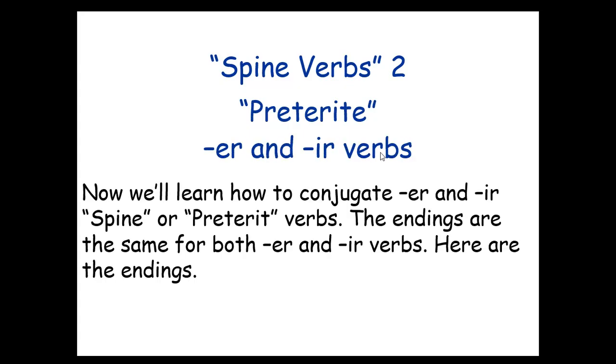Hola clase. We are going to talk about the ER and IR verbs in the preterite tense. Just like with AR verbs, these are single actions, just things that happened in the past and they were over.